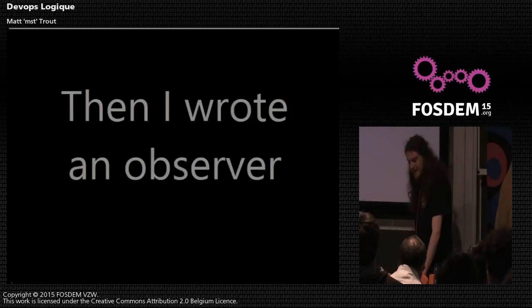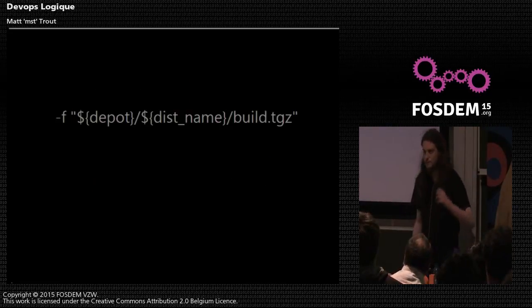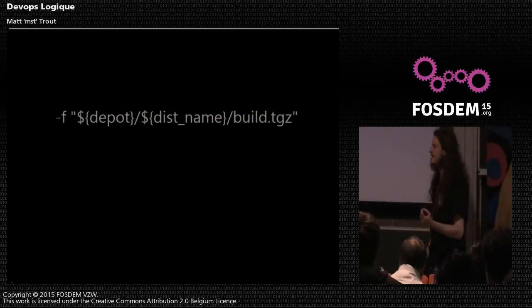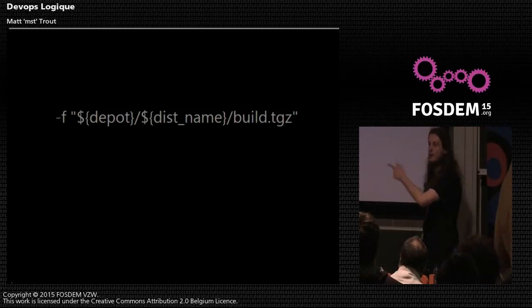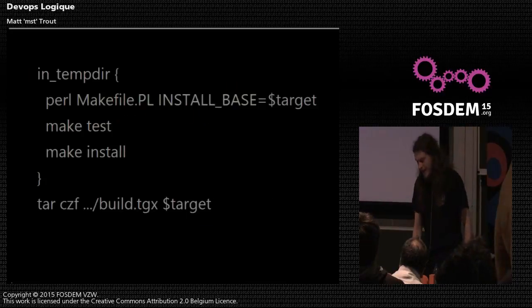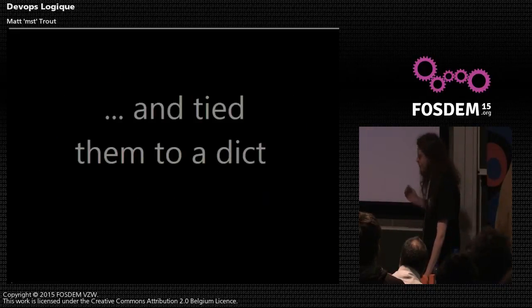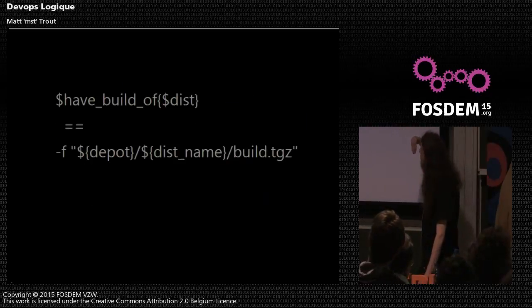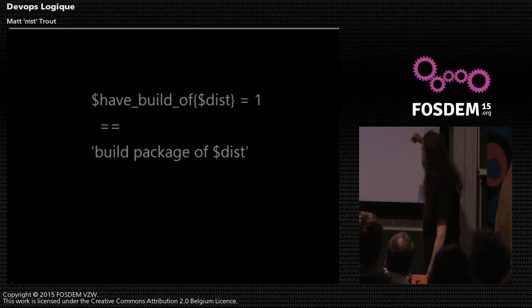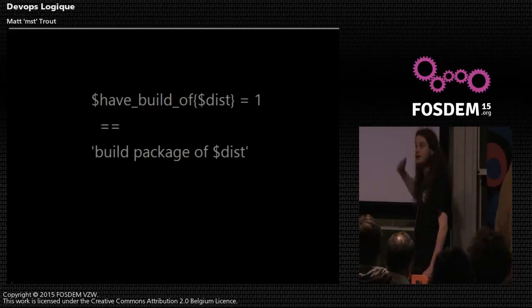So, I mean, that's neat, but if you then consider the existence of a pre-built tarball that's basically a local lib of just that module, you can have an action for stuff that assembles that tarball, and then you attach that to a dictionary. So basically, in order to make "do we have a build of this" true, it goes and compiles it.